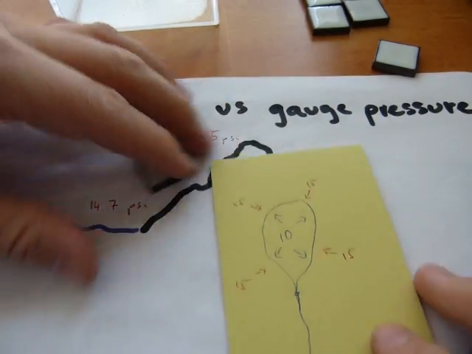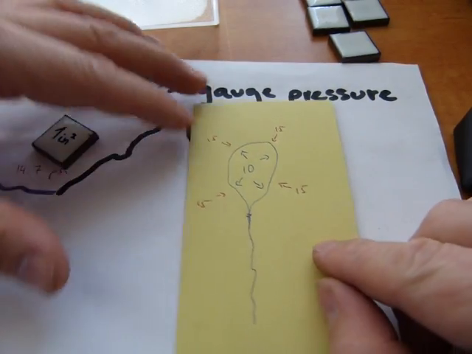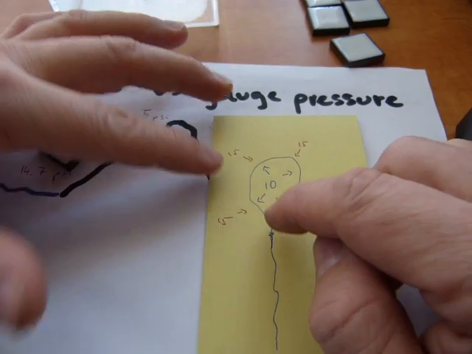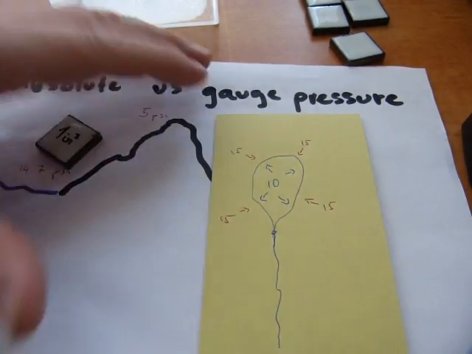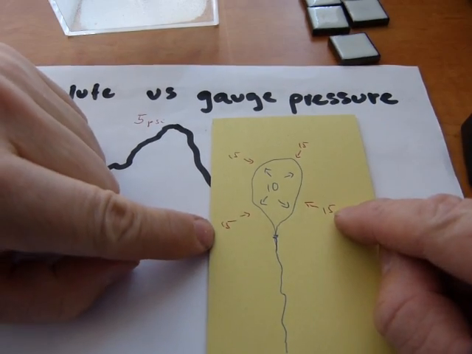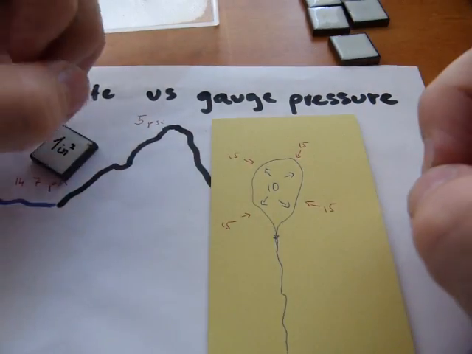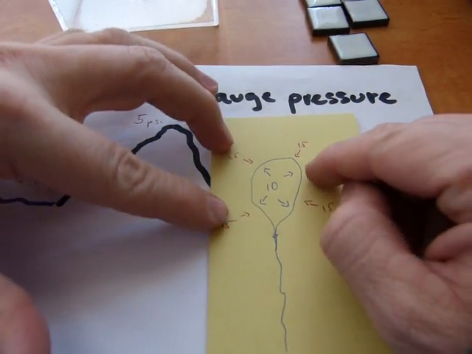Look at the situation that I drew here with a balloon in it. That would be a helium balloon or a weather balloon. It's a little underfilled. At sea level, the outside pressure is 15, and it's pressing against the balloon in all directions, 15 psi.